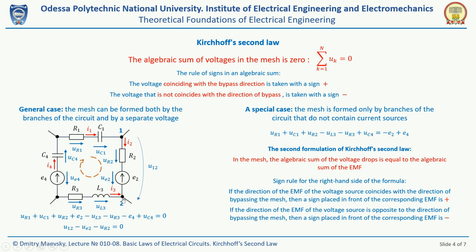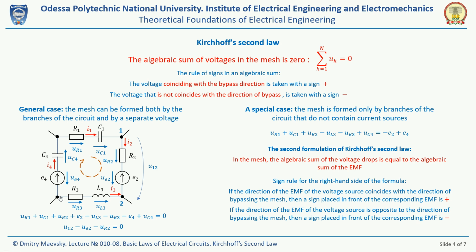Now we are in this node and we go contrary to the current I3. That's why we have a minus sign on the voltage on inductor L3 and the voltage on resistor R3.